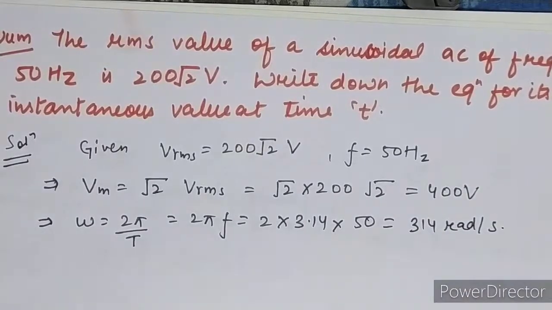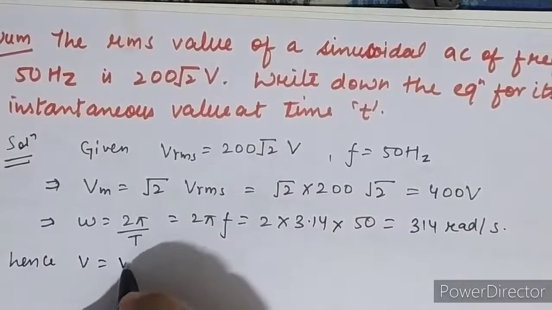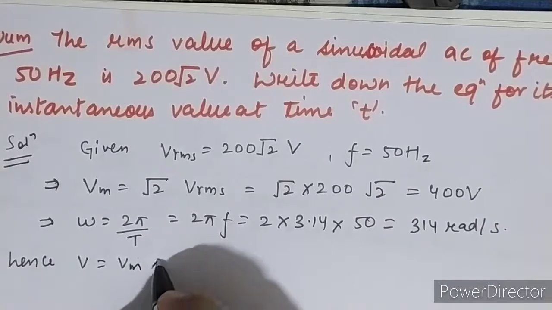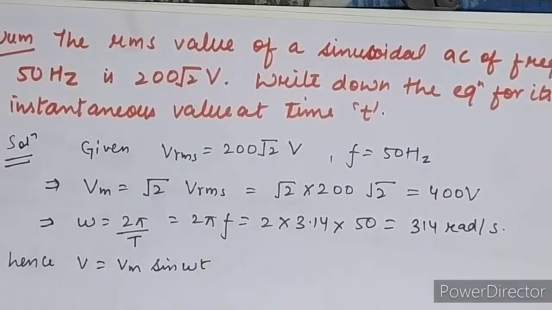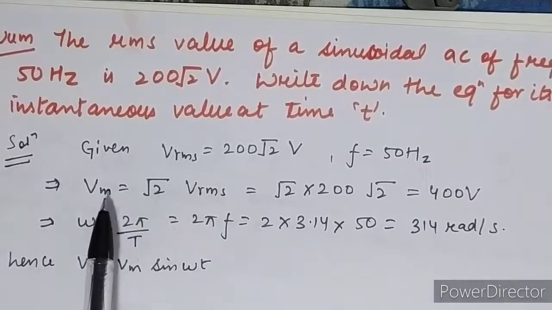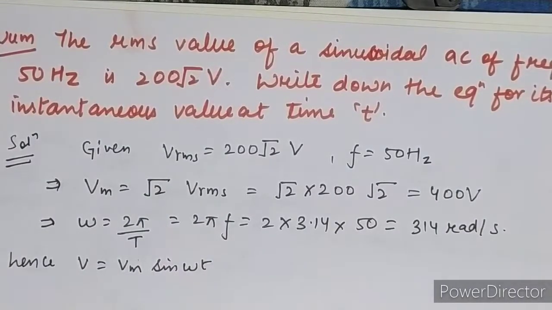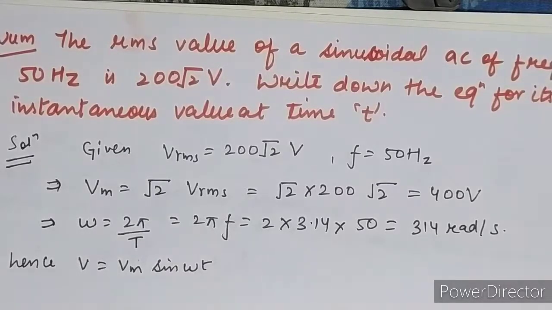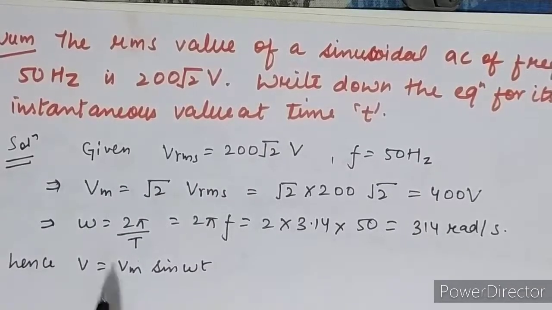Now what you have to calculate? You have to calculate the value of Vm sin omega t, the instantaneous value, beta. This is the RMS value, this is the peak value, this is your instantaneous value. If we were asked to calculate the average value for the complete cycle, then you would have to average the instantaneous value from 0 to T. Clear, beta?